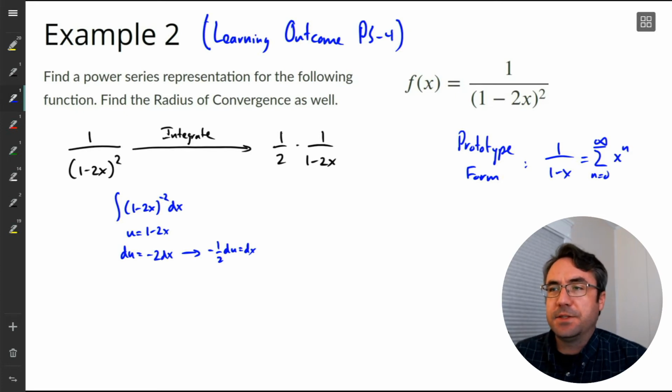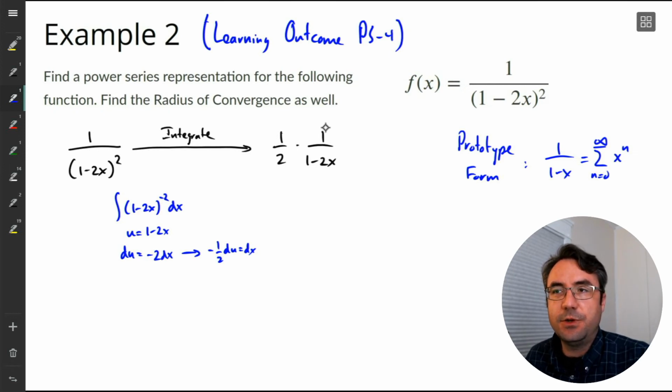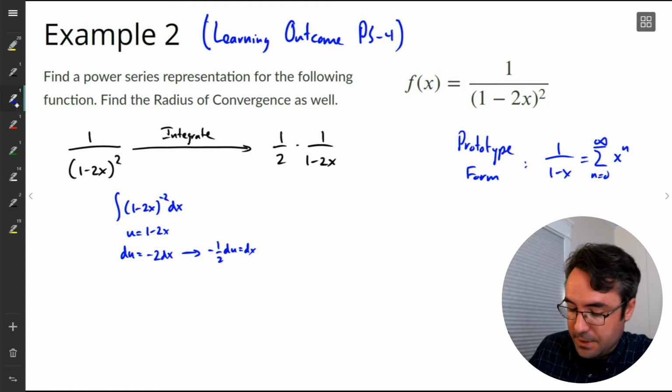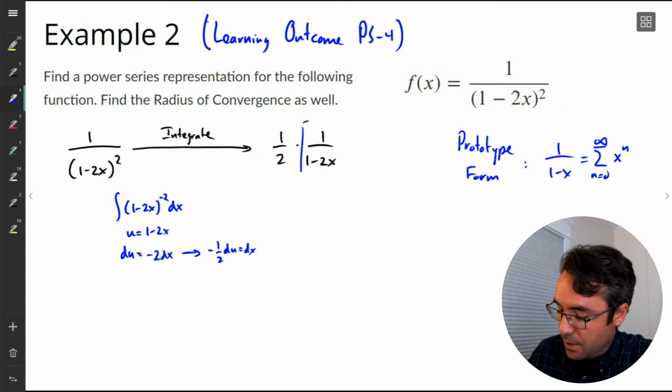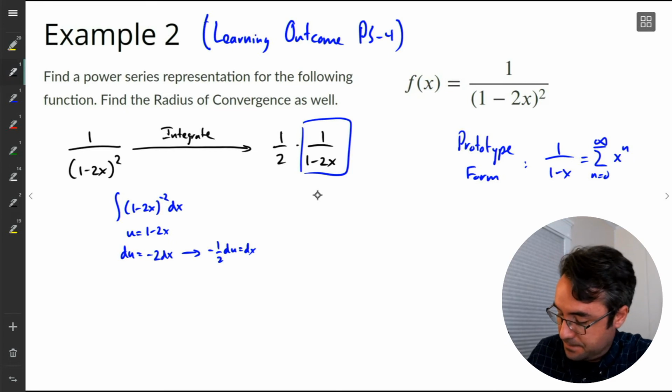All right, so if we integrate, we can transform this function into a new function, but now this new function we can actually find the power series representation for using our prototype here. So we can just look at this 1 over 1 minus 2x. Let's get the power series representation for that.